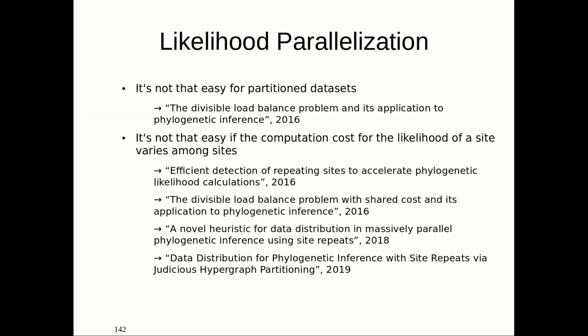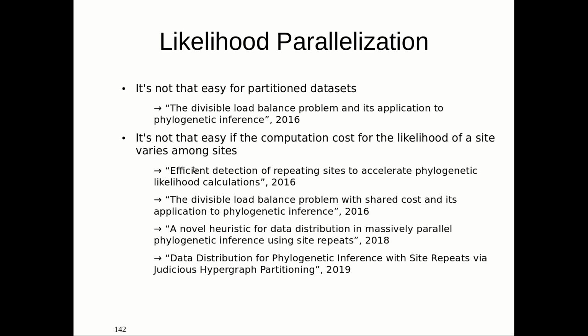Right. A couple more notes about likelihood parallelizations. Distributing the data evenly among cores is not that easy for partitioned data sets. So back in 2016, I will not go into the details, I will just mention it, we did a very theoretical, algorithmic paper about how we need to distribute the sites of a partitioned alignment to different cores to attain good efficiency.